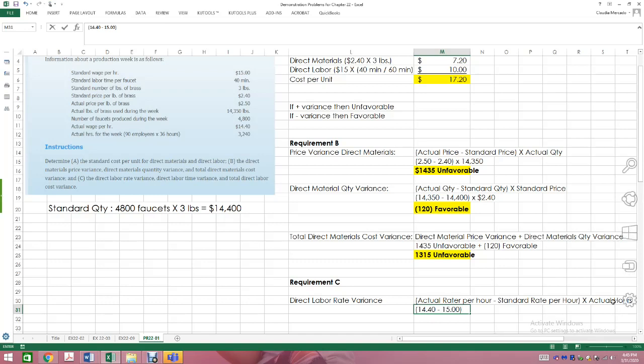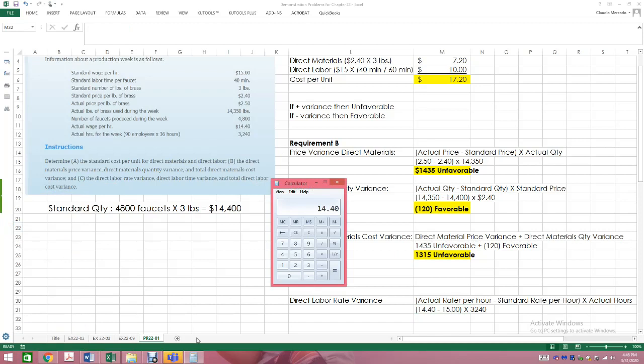Okay, actual hours is provided here, 3,240. Okay, so let's plug that into our calculator. That's 14.40 minus 15 times 3,240. That gives me a negative 1,944.